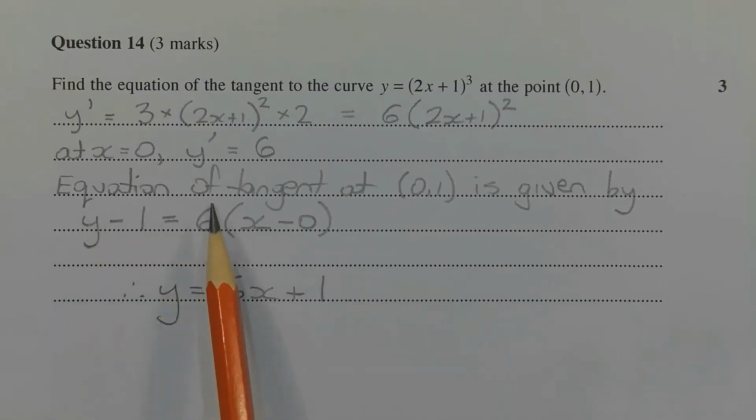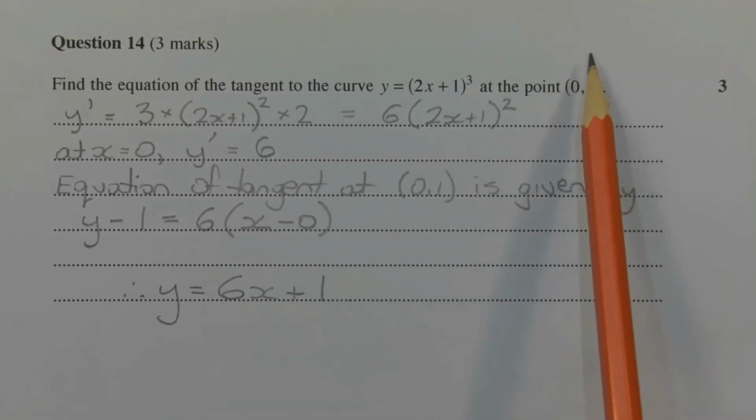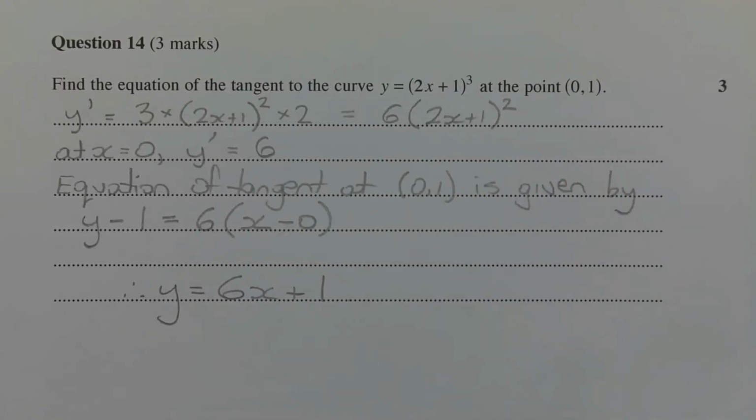Next, we find the equation of the tangent at the given point using the point gradient formula. That is, y minus y1 is equal to m, or dy/dx, outside of (x minus x1), where (x1, y1) represents the coordinates of the given point. So in this case, x1 is 0, y1 is 1.